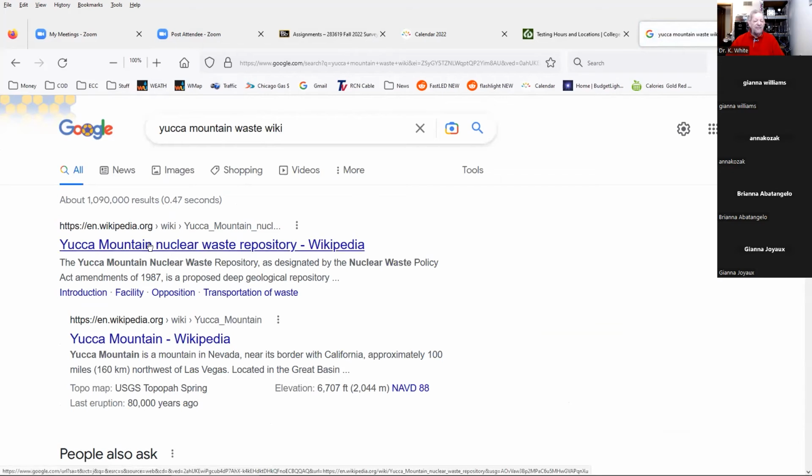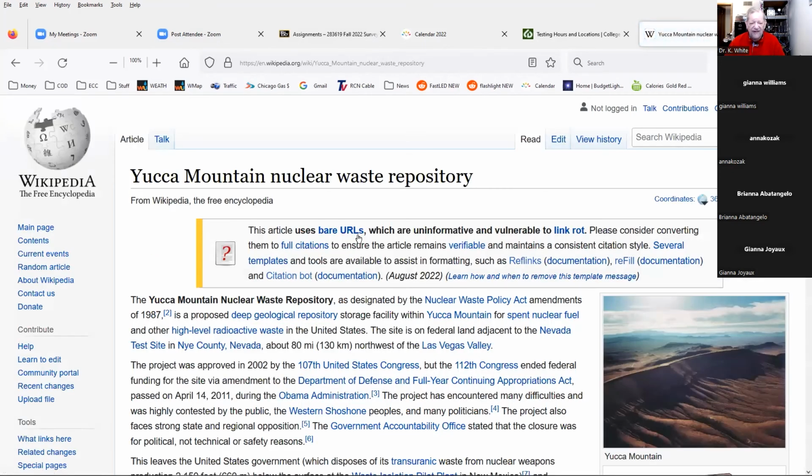Now, back in the late 80s, the US government had an idea. Let's find somewhere in the middle of nowhere, dig a very safe area, and then put all the waste of the United States in there.